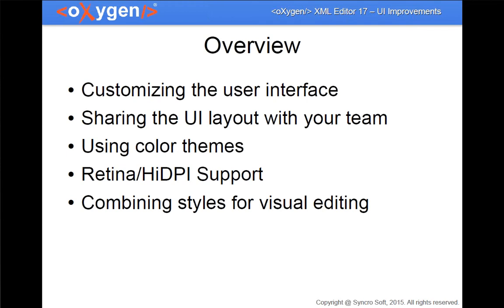Then we will go on and discuss Retina or HiDPI or high pixel density displays and oXygen's support for this kind of displays. We have a set of new icons that are more visually appealing, that look crisp and sharp and are specially tuned for this kind of displays. This support is also extended in the framework actions icons and in document styling in author mode.